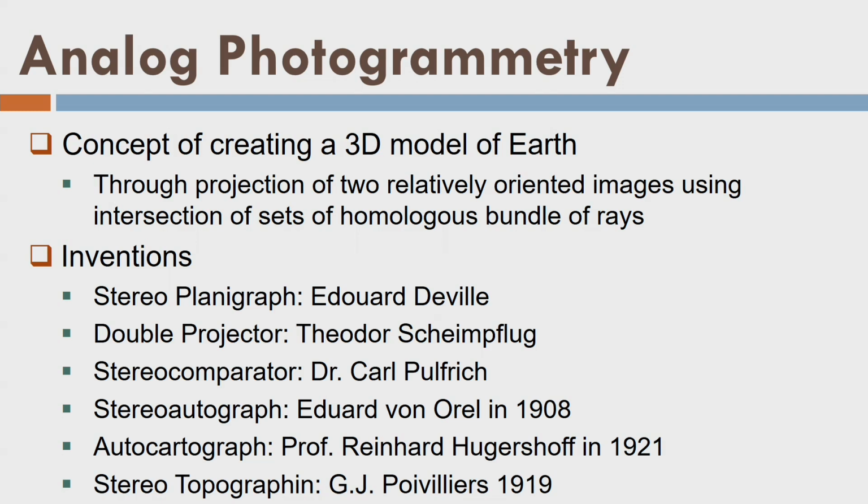So, the concept of creating a 3D model was there already, by making the projection of 2 relatively oriented images using intersection of a set of homologous bundles of rays. We will talk about this in detail in this module, but for the time being, the 3D model started to develop. What's the idea here?